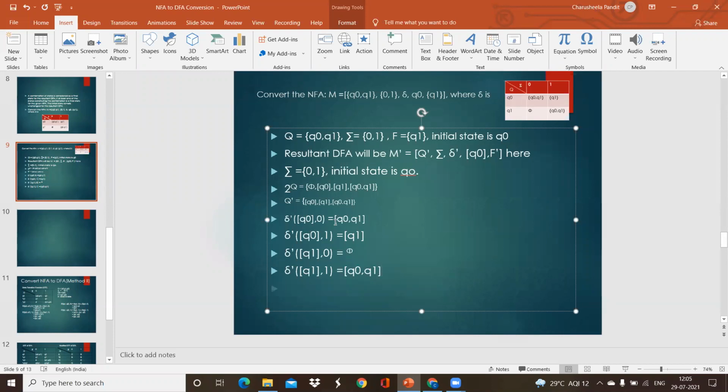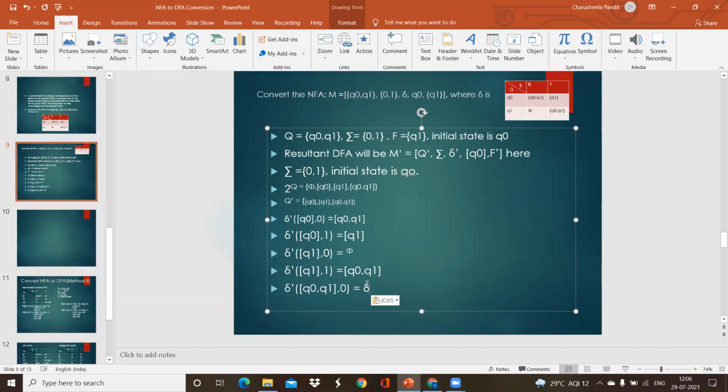Now again you have here Q0 Q1. To this again you will have to give the input 0 and 1. To Q0 Q1 we will give input 0. So how will we solve this? To solve this we have to see delta, which means here we are referring to the state transition function of NFA.